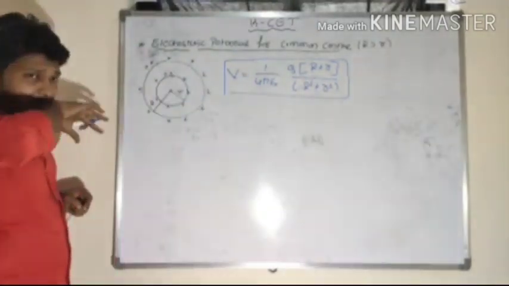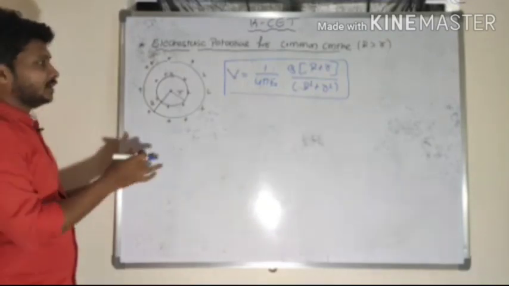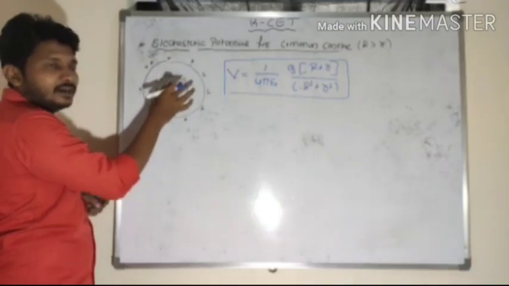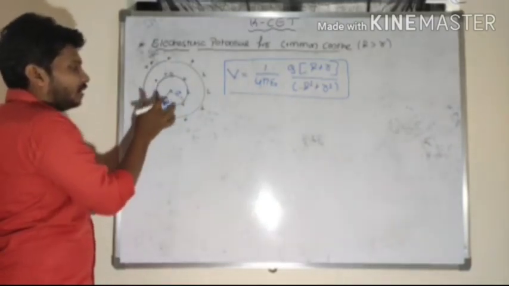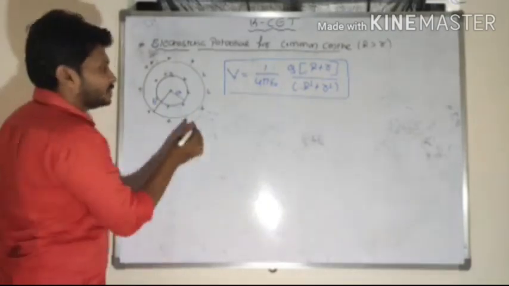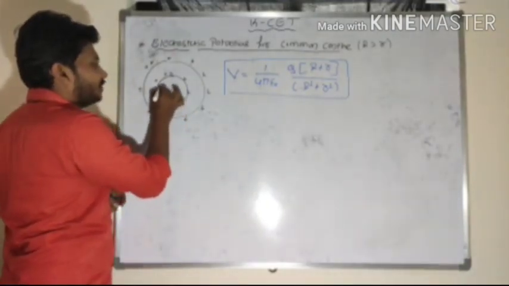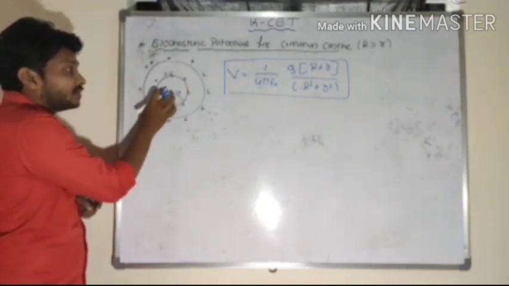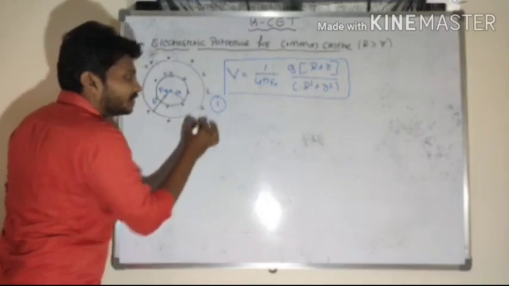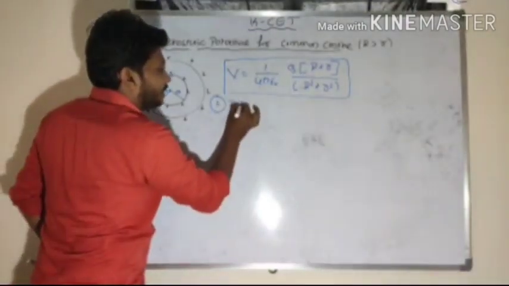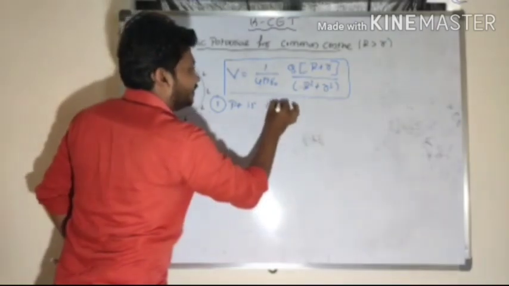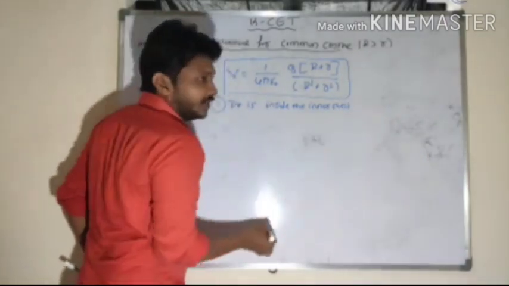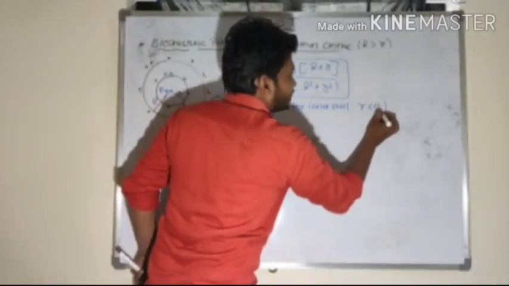Suppose the inner shell has radius small a and the outer shell has radius b. Now I choose the point of observation P at a distance r. First, the point is inside the inner shell, which means r is less than a.